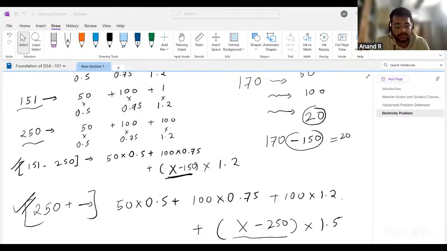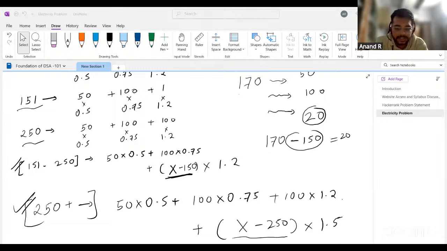The next condition was if it is, okay, I have made one mistake. Can you tell me what mistake I have made so far? If you see very carefully, I have written x greater than 51.